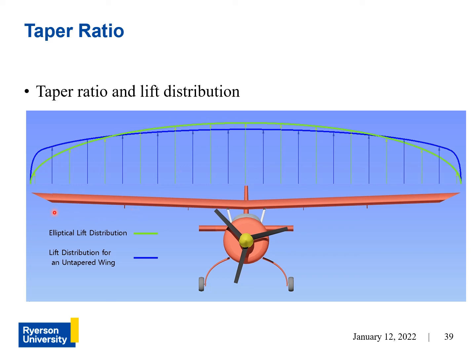So if you want to try and get a wing to have this more efficient shape of lift distribution, if you have a rectangular wing, a taper ratio of about 0.45 will produce a lift distribution that's very close to this shape here. And that just means, in simple terms, you're going to have the most efficient lift distribution.